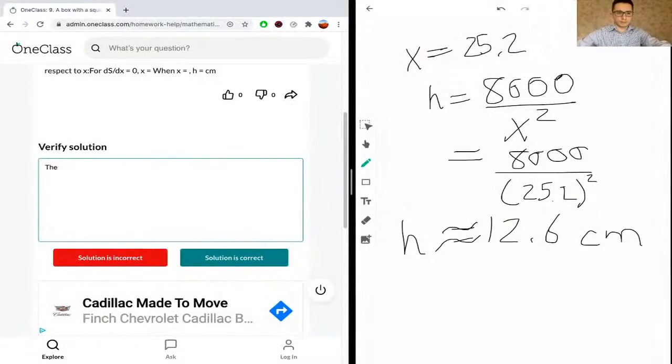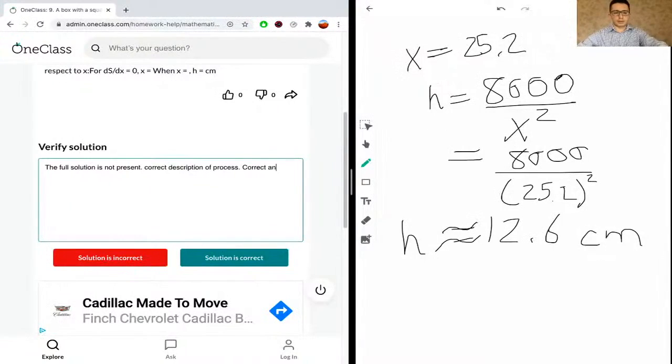Solution is not present. Correct description of process.